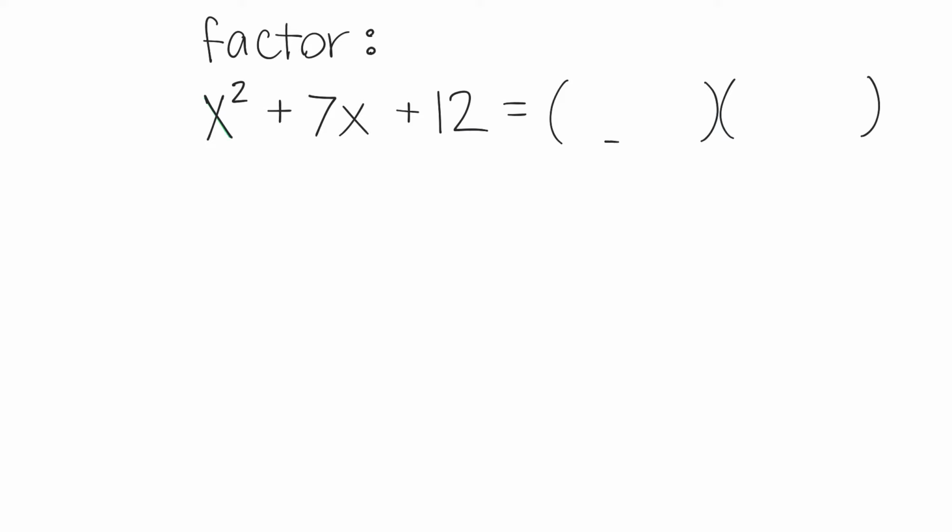And in each bracket, you need a first and a second term, so we're going to fill in these spots. The way we start is with this x squared. We are going to need an x and an x in both brackets to multiply together to get this x squared. So you can just go ahead and start like that.